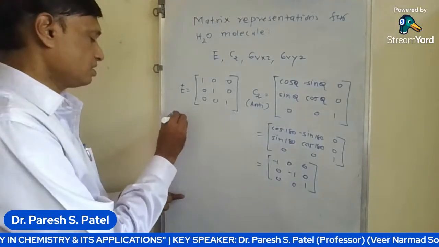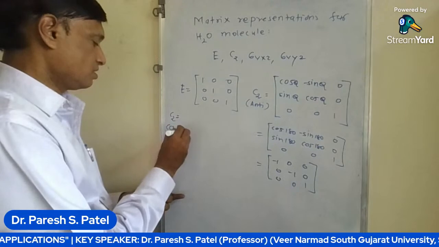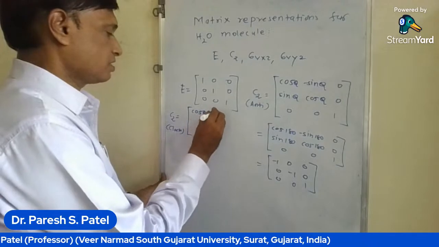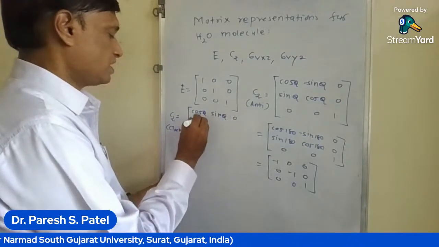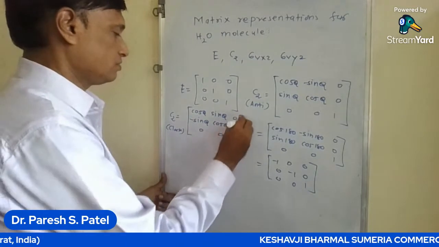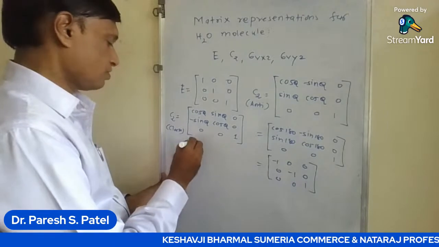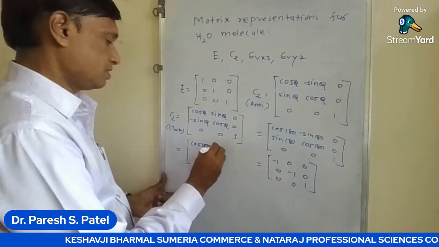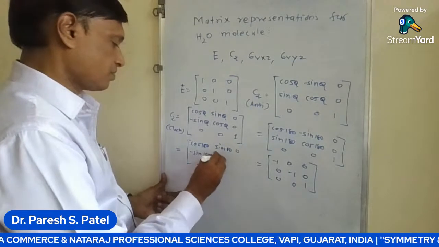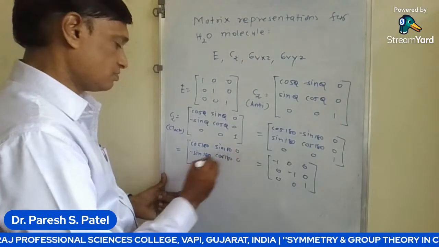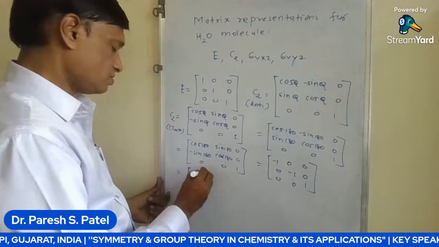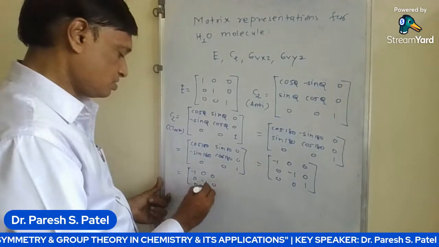Now if we take the equation for clockwise, cos theta, sine theta, 0; minus sine theta, cos theta, 0; 0, 0, 1, which is equal to cos 180, sine 180, 0; minus sine 180, cos 180, 0; 0, 0, 1, which equals minus 1 0 0, 0 minus 1 0, 0 0 1.